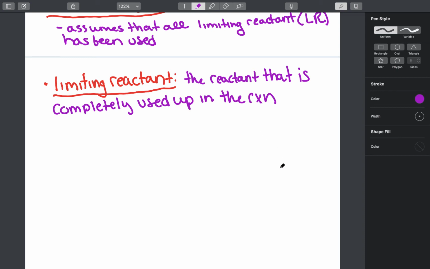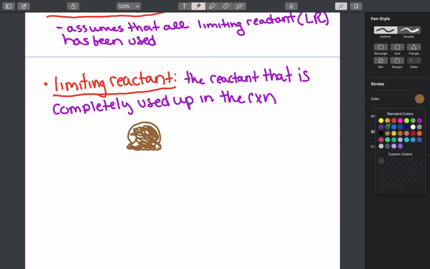Now, in order to understand limiting reactants, I have a little analogy here. So it's a little fun analogy. So imagine you have a chocolate ice cream cone, right? So you have this chocolate ice cream cone. And this chocolate ice cream cone, in order to make it, requires one cone. It requires 1 cone and 1 scoop of ice cream.